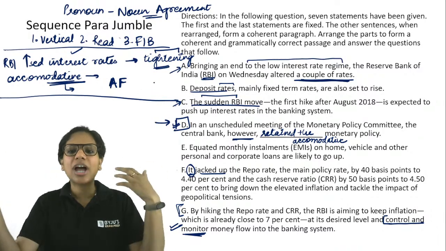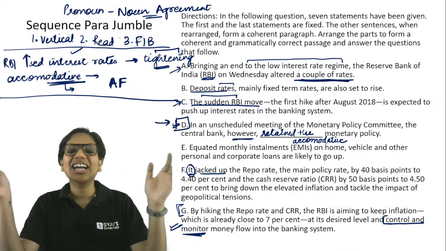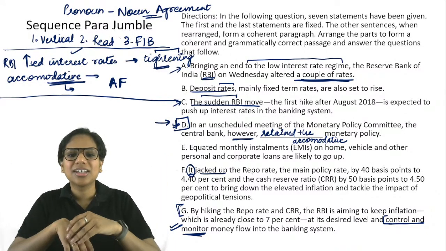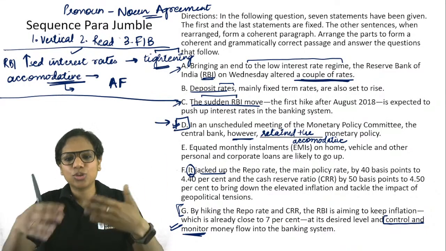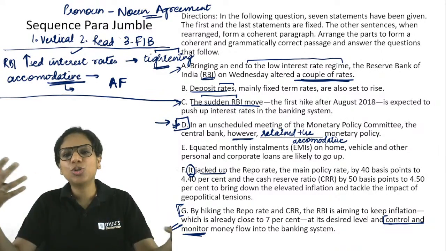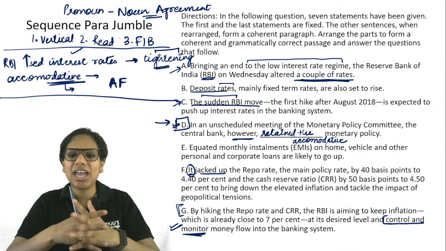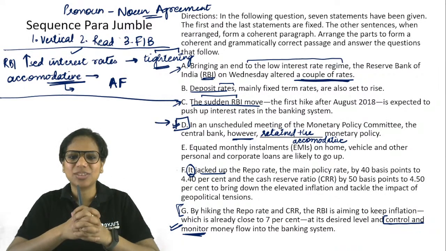Okay, so now that you have the start, I want you to give me the rest of the sequence. Through that, I'll also get to know whether you've been able to identify a clear closing sentence or not. Okay, so AF, what else? What after this?